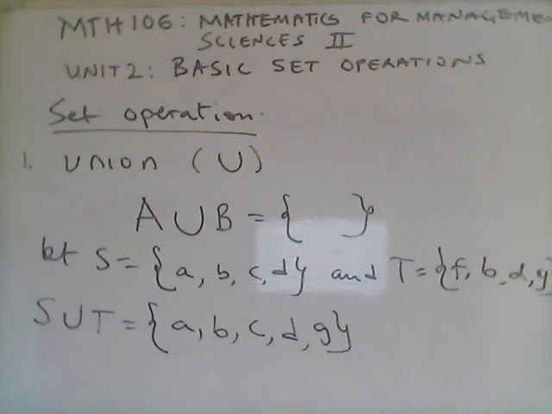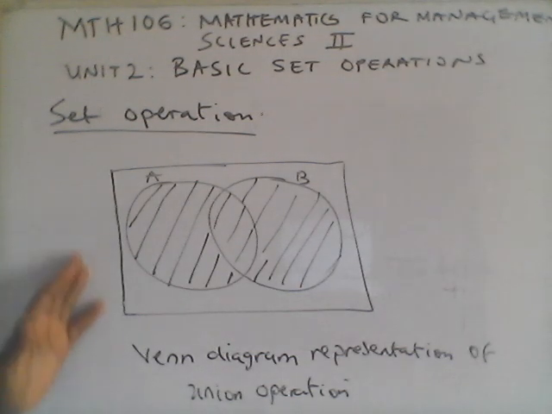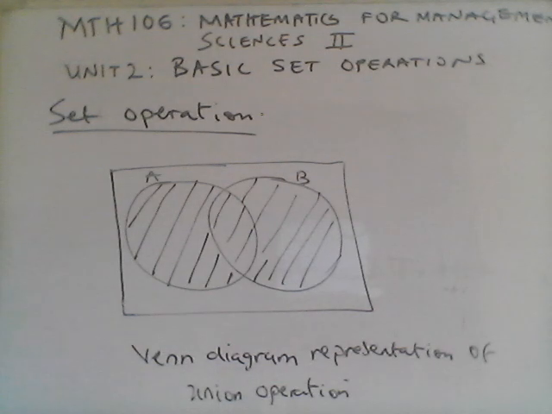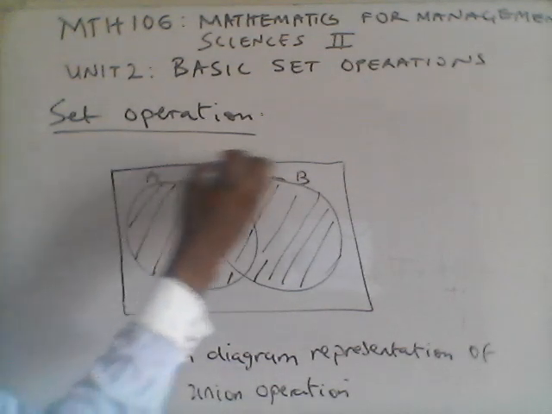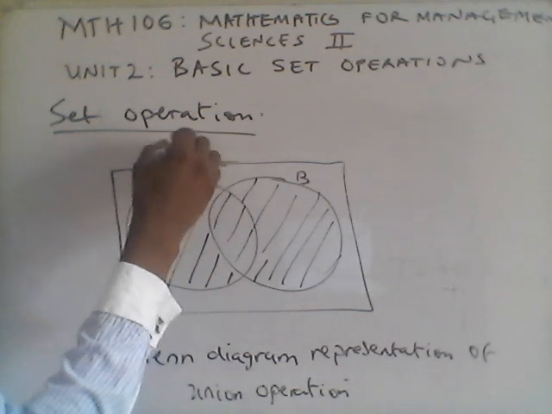Okay, and for the Venn diagram, it is represented like this. With a Venn diagram, we can represent the union operation like this. So if I have the universal set, in a rectangular box, U is the universal set.